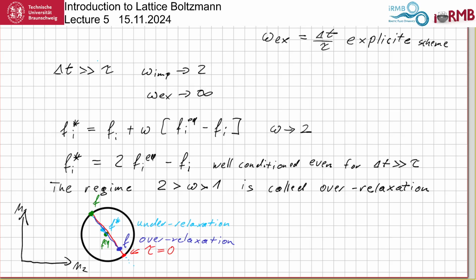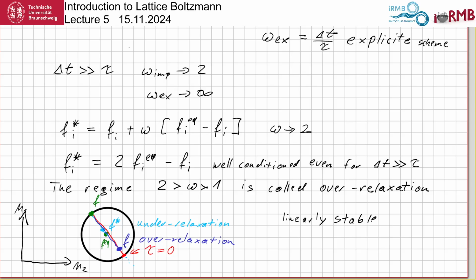Yeah, so this is the over-relaxation regime, and the good thing with the over-relaxation scheme in the Lattice Boltzmann method is that it is linearly stable.